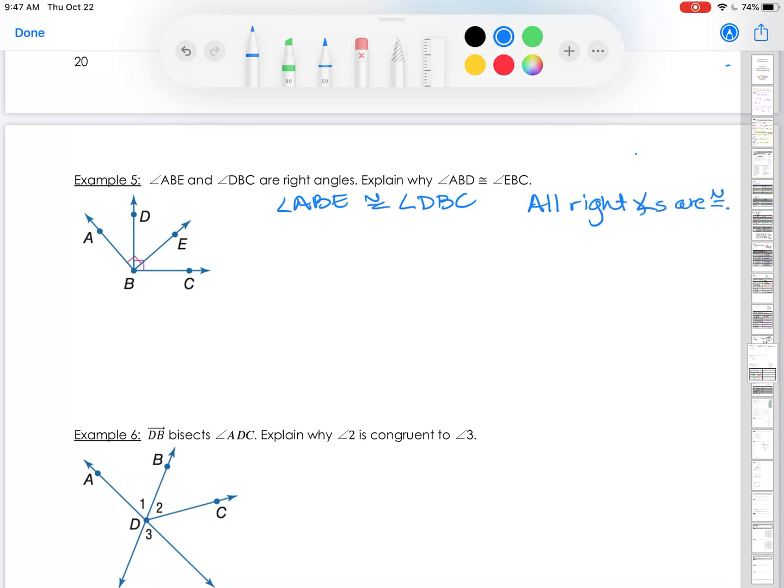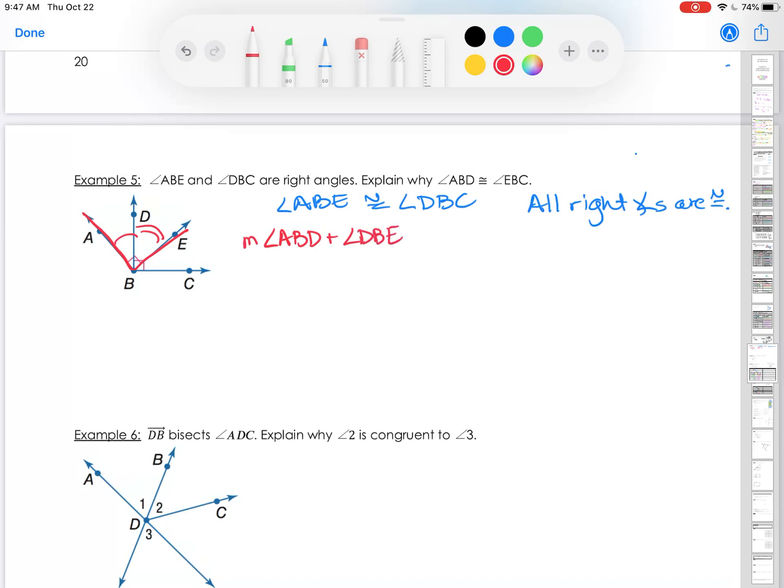That was a theorem we had. Okay, so ABE can actually be written as the sum of two angles. We can say it's ABD plus DBE. So angle ABD plus angle DBE.